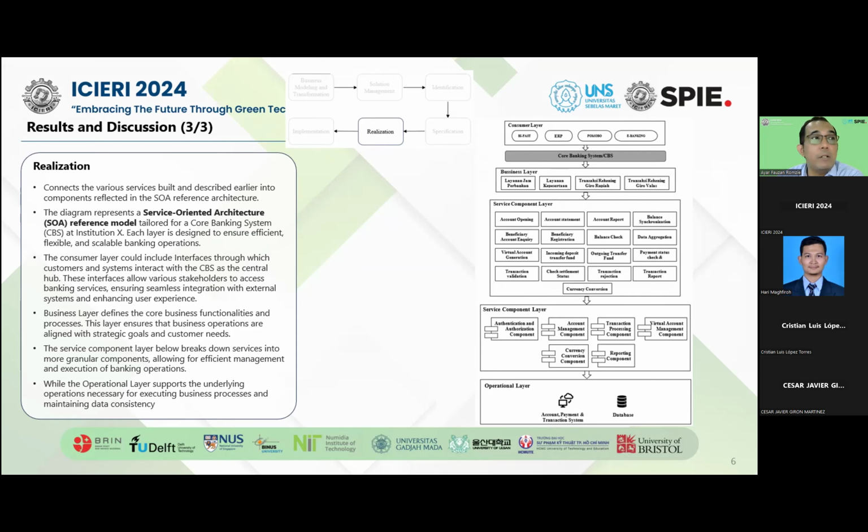This granularity supports better scalability and flexibility in service delivery. On the bottom side is the operational layer, which supports the underlying operations necessary for executing business processes and maintaining data consistency. This layer ensures that all technological and operational aspects work harmoniously to support the institution's objectives.